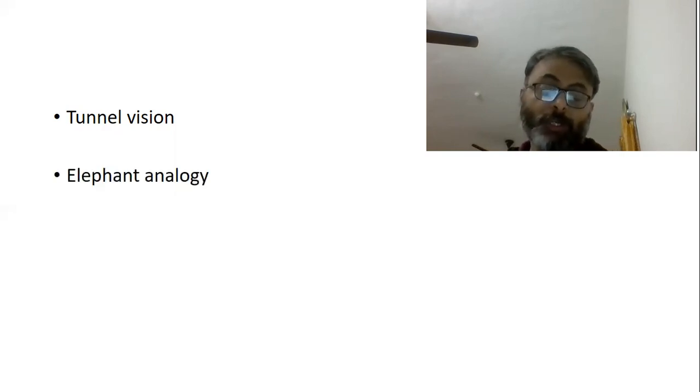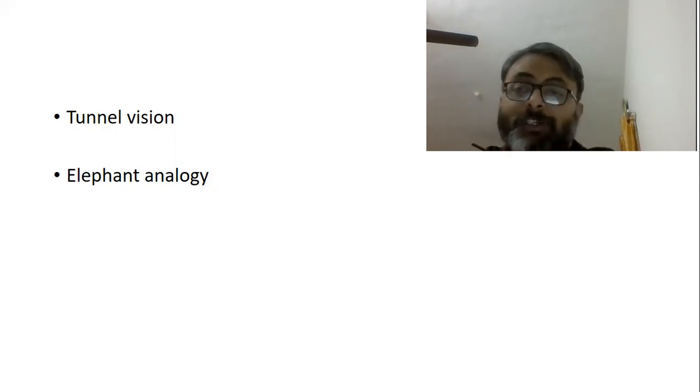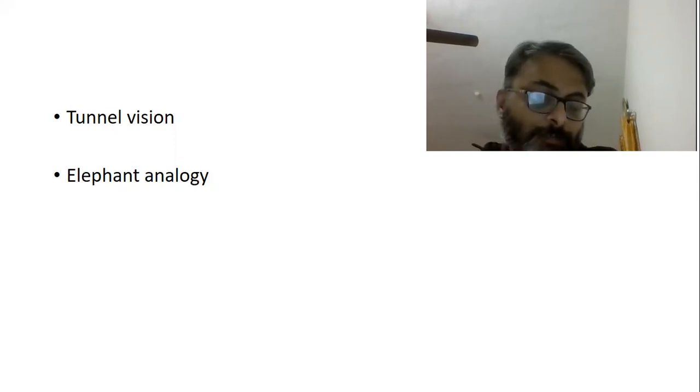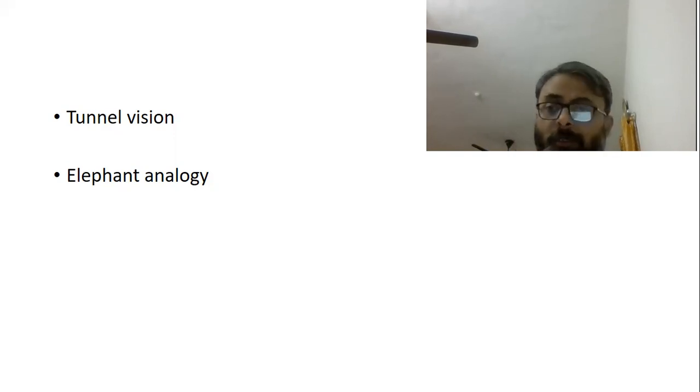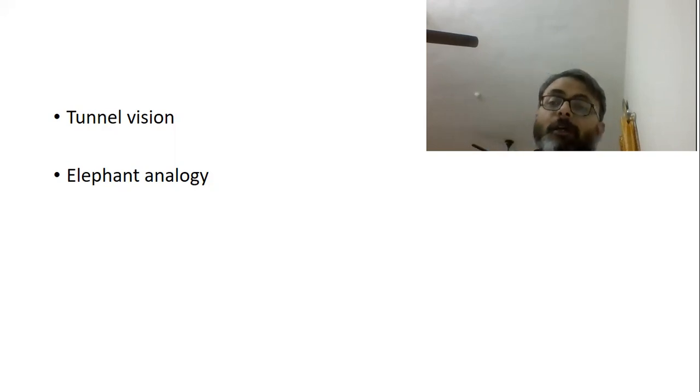There's an analogy, the elephant analogy, you can use to understand what I'm trying to say. Every theory, according to me, has tunnel vision. Let's say that the elephant is the theory of everything. We assume that there is a theory of everything, and this is the elephant.